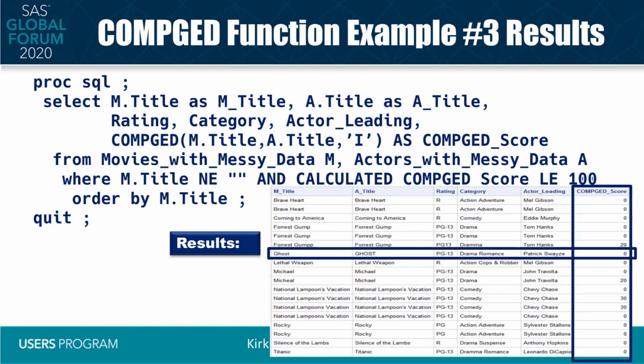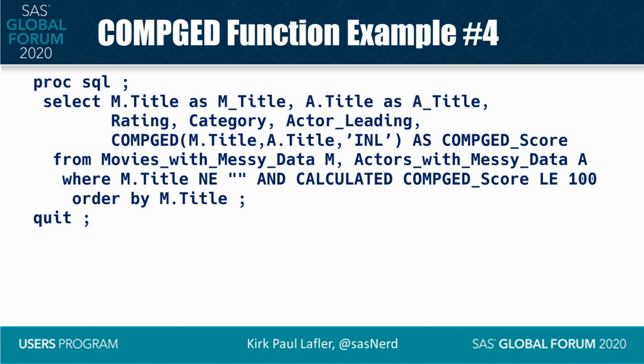In our fourth and last CompGED function example, I'm going to show you the same code, except now the modifier has, in quotes, INL. What this is going to do is remove or ignore the case.